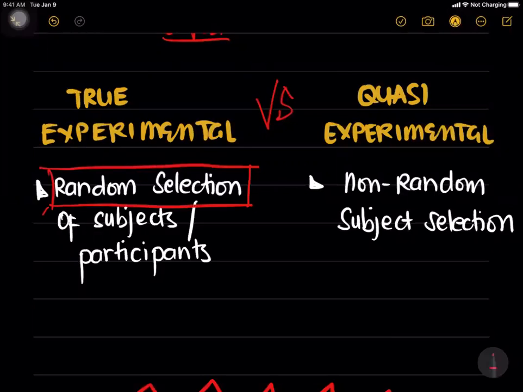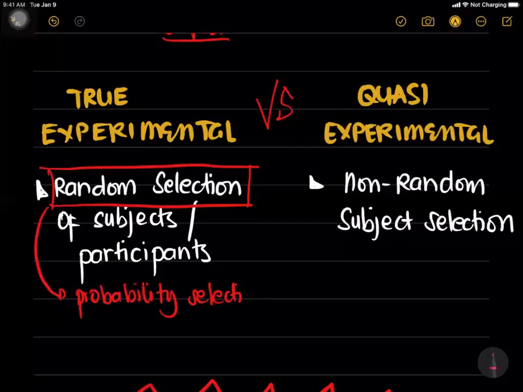So there is probability selection. We will talk more about that when we discuss sampling. While quasi-experimental has a non-random subject selection, or purposive selection.